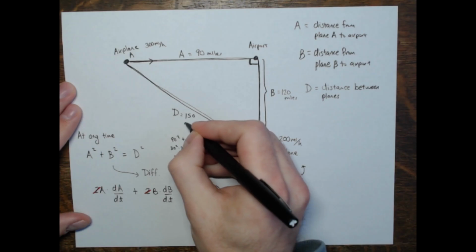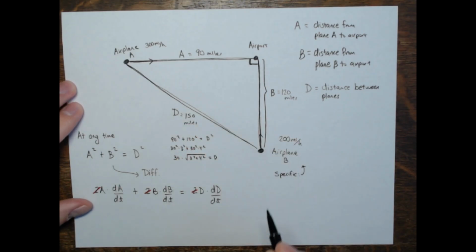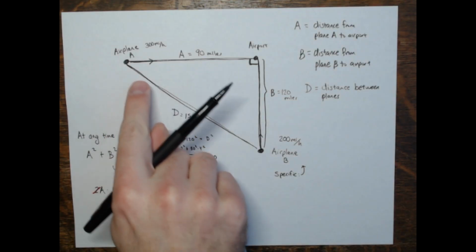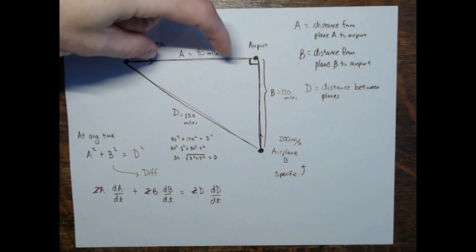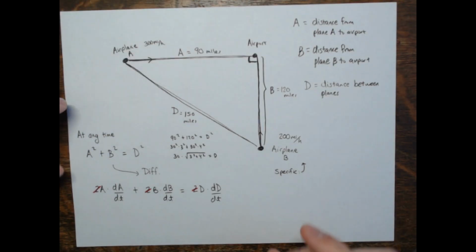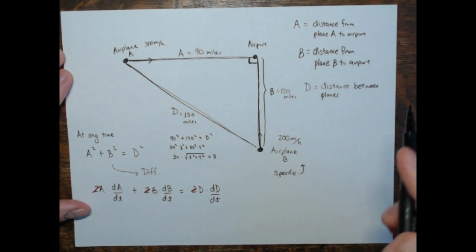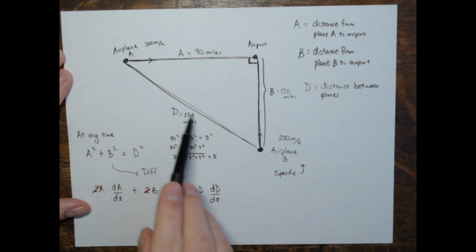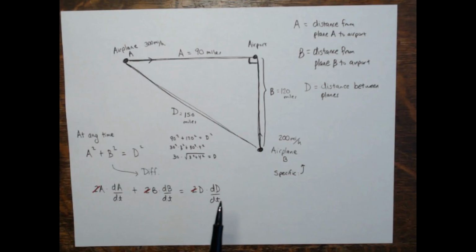You might have been able to tell that without doing all that, but so the distance between the planes at this moment, when airplane A is 90 miles from the airport and airplane B is 120 miles from the airport, is 150 miles.